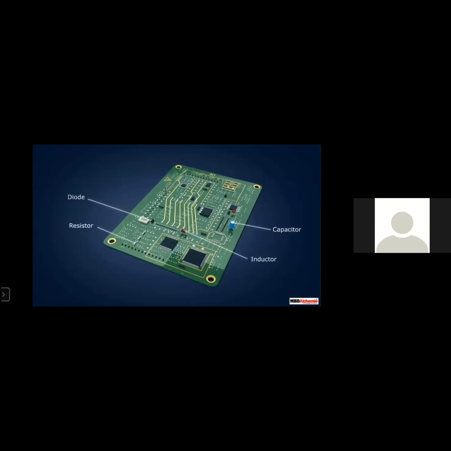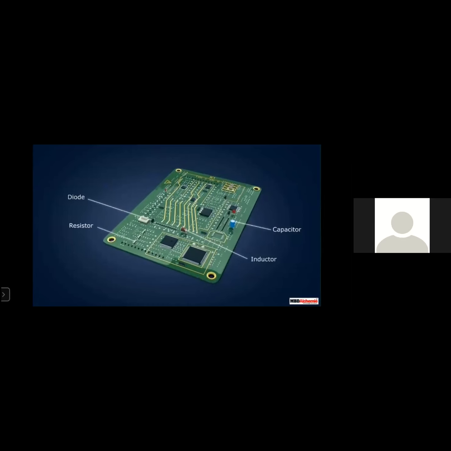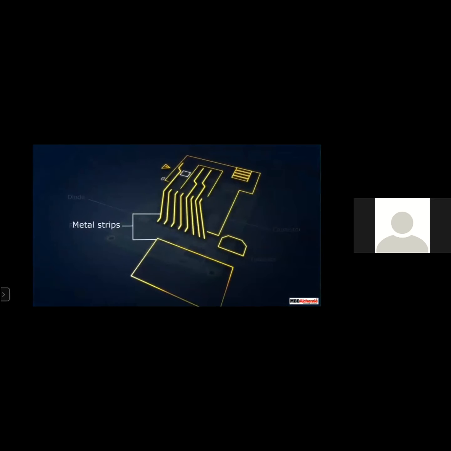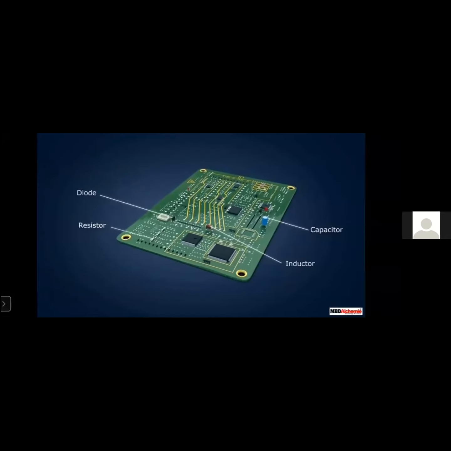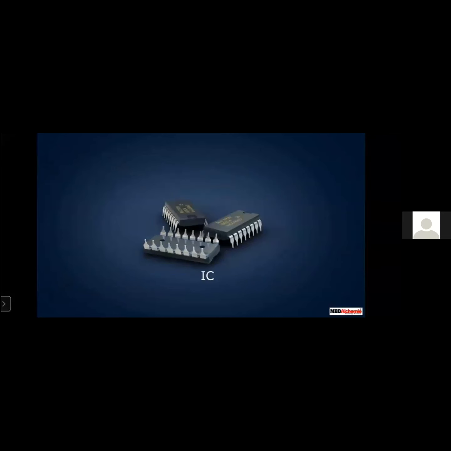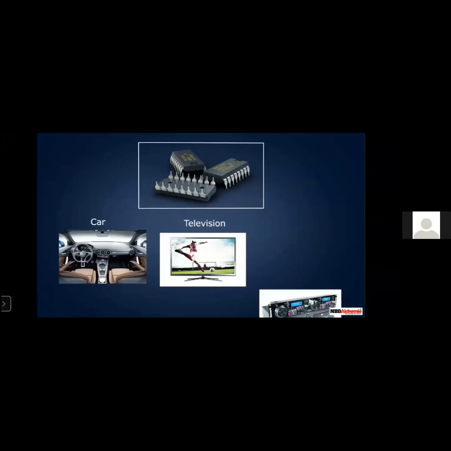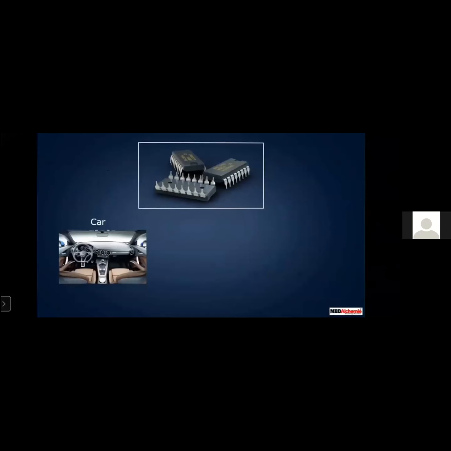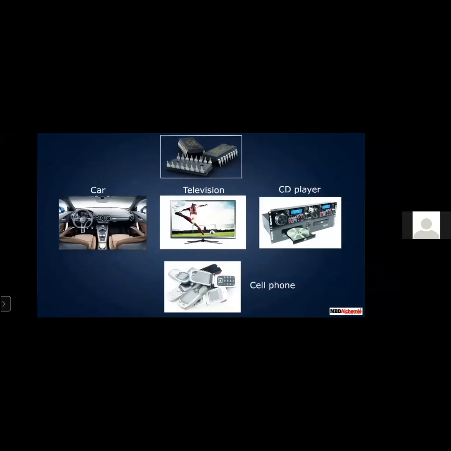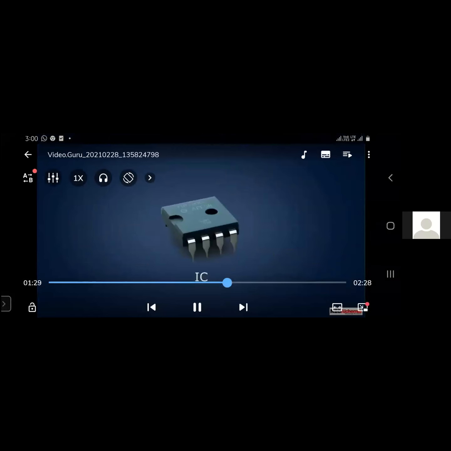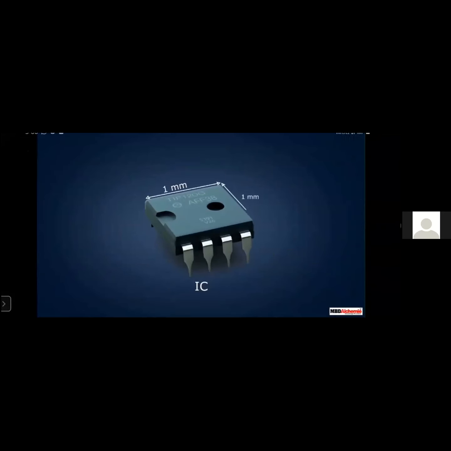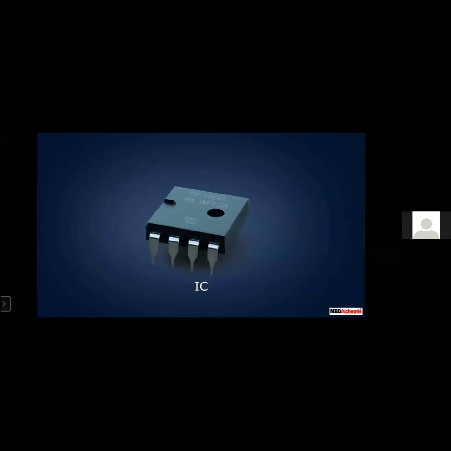By using an IC chip, the size of electronic gadgets has been reduced very much. Now ICs are used in cars, televisions, CD players, and cell phones. An IC is about 1 mm by 1 mm in size, having 8 legs.